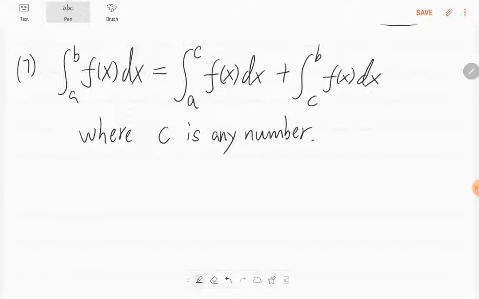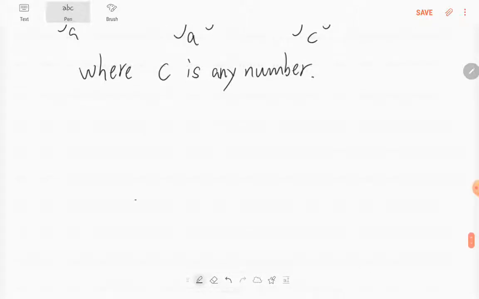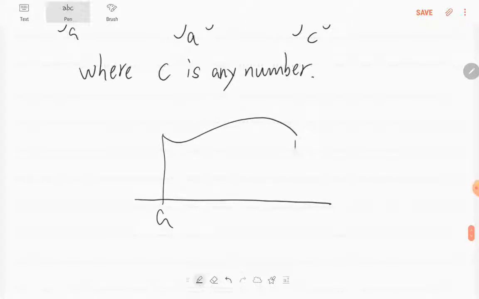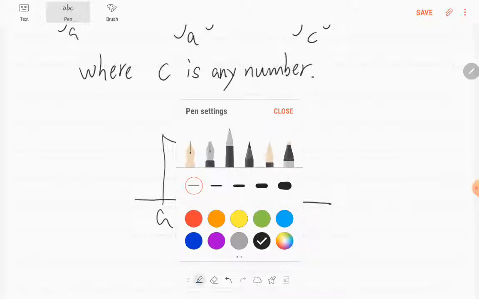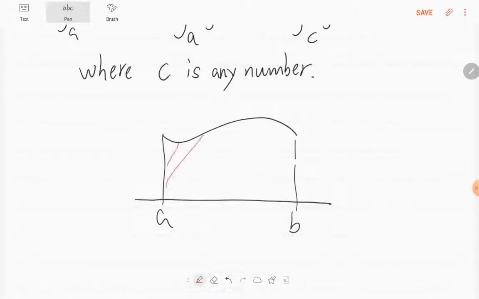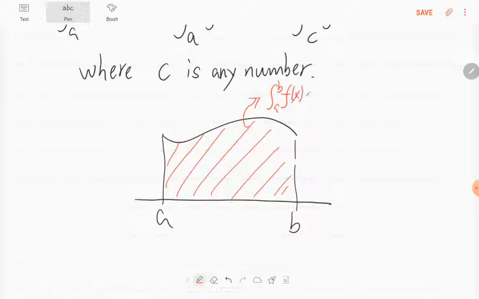So now let's look at the geometric meaning for this property. If c is between a and b, what happens? This is a, b, right? Then the integral, which is this red area, is the integral from a to b of f of x dx.